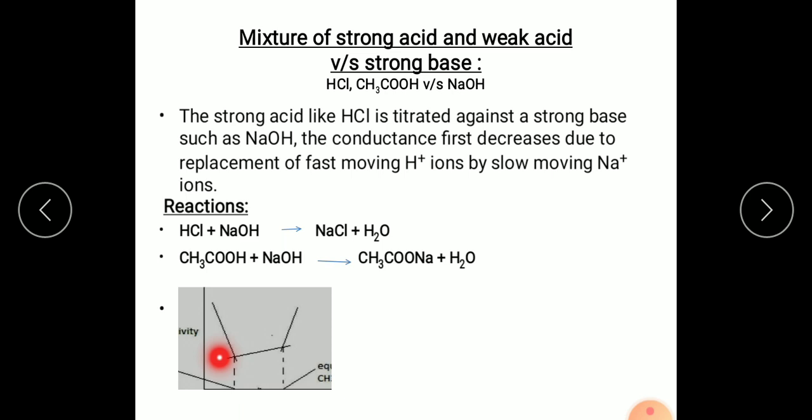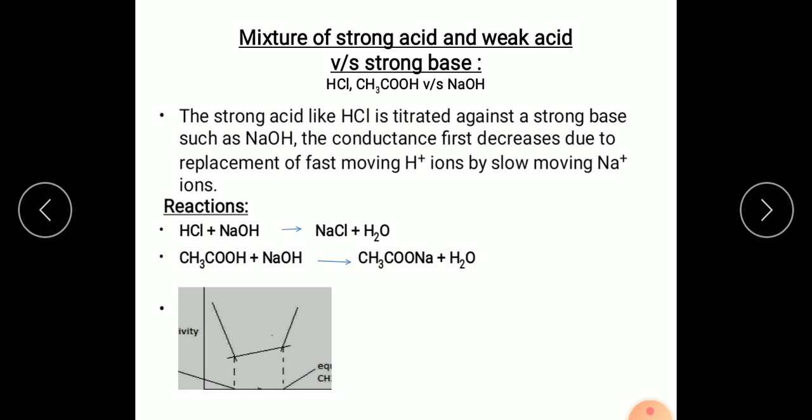Due to formation of salt, the conductance gradually increases but not suddenly. Once all the acetic acid is also neutralized, we are left with no H plus ions. Whatever NaOH solution you put in the beaker, those OH minus ions are free. So due to free OH minus ions, the conductance suddenly increases.